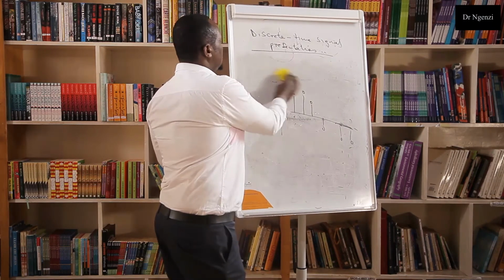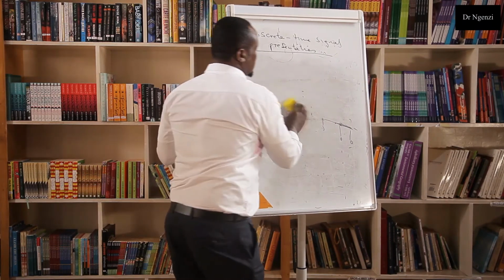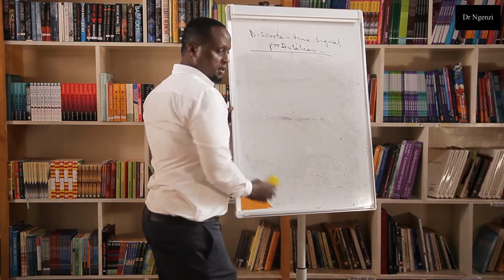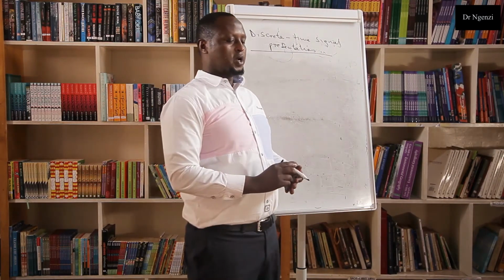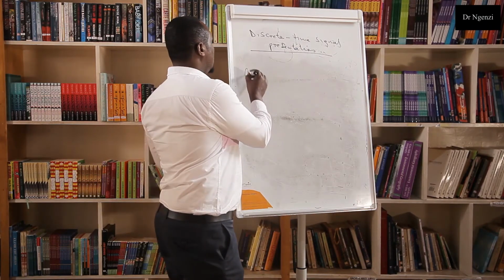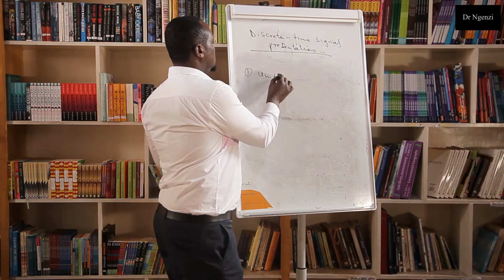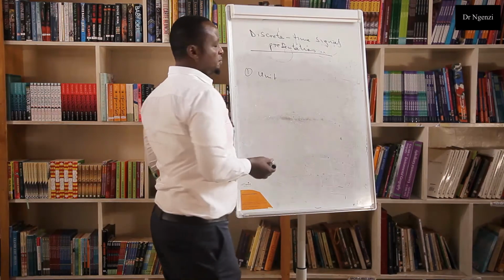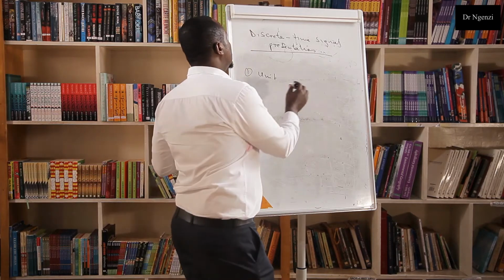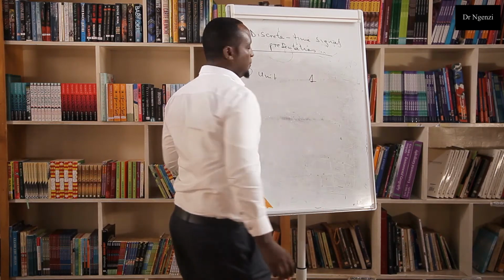So now we are dealing with examples, the way this signal presentation can be given according to their types. Here we can have unit impulse or unit signal. Remember, when it is unit, it means 1.